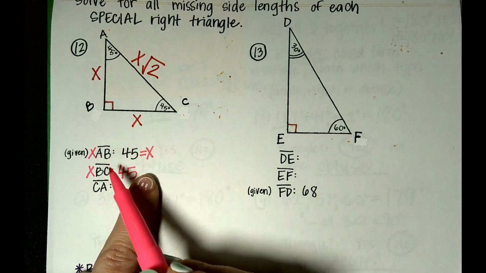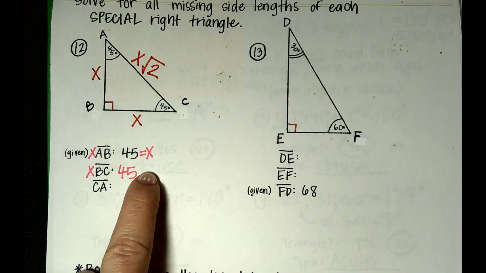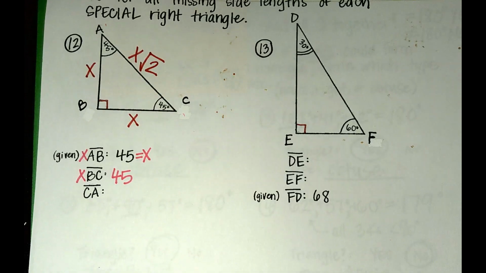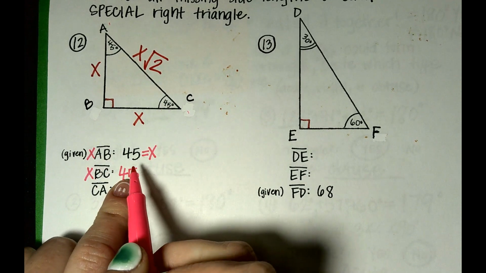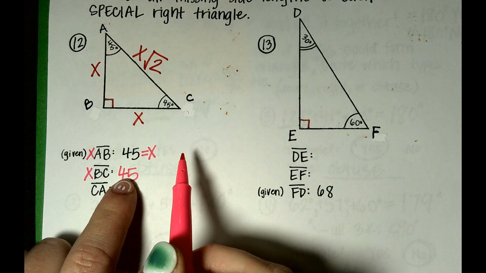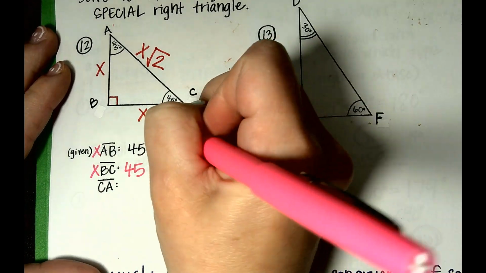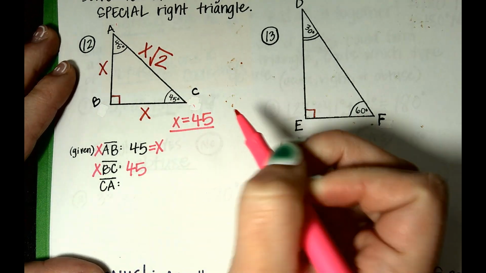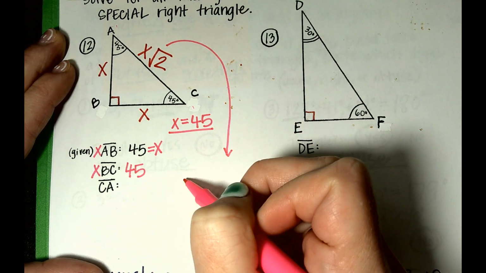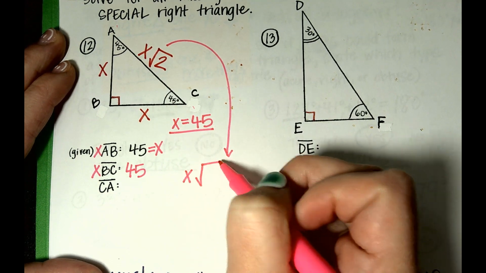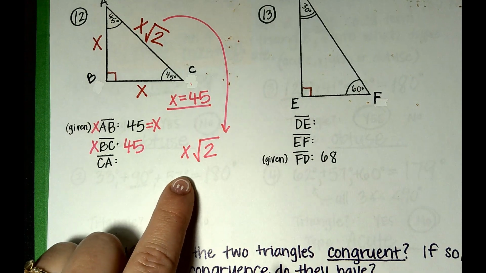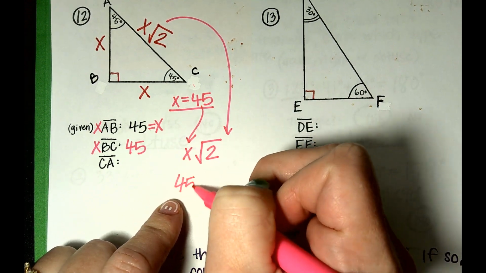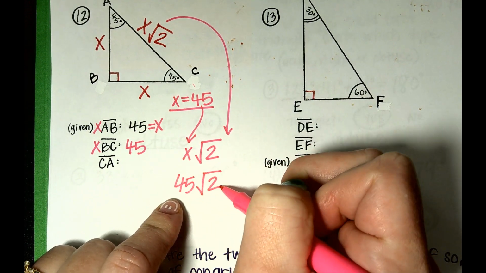So if we already know what x is, we're going to use that instead of x. So it would be 45 radical 2. Yes, if you know what x is, you're going to plug it in. And we know what x is. X equals 45. So I'm going to take x radical 2, and instead of x, 45 radical 2.